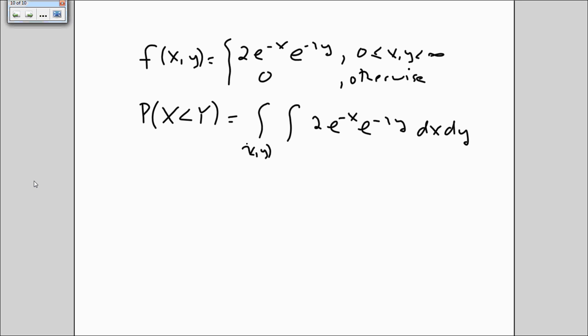The set of x, y's such that x is less than y. Okay. And of course, x and y's are not negative. X and y are between 0 and 2.